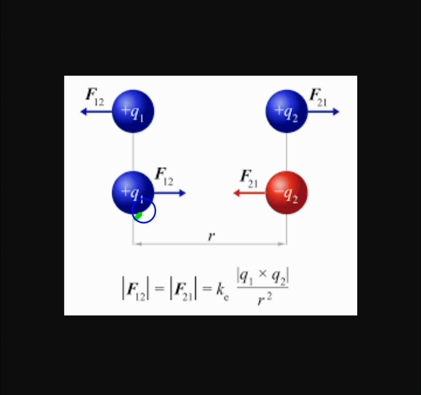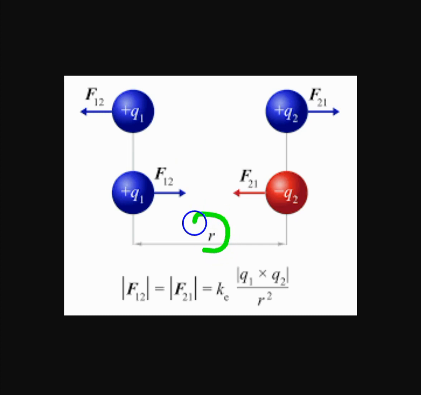For example, this positive charge Q1 will exert a force on charge Q2 indicated by blue arrow and is written as F12. That means force of charge 1 on charge 2. Similarly, this charge will exert force on Q1 and it can be written as F21, that is the force due to charge 2 on charge 1.